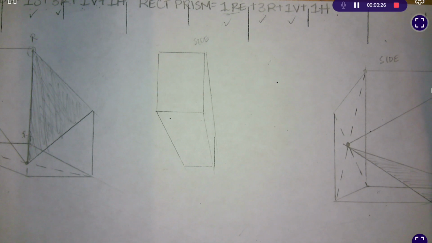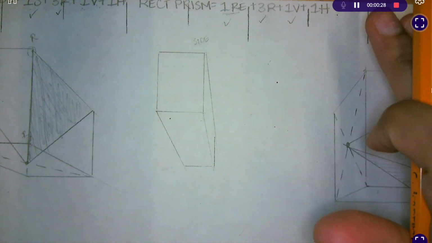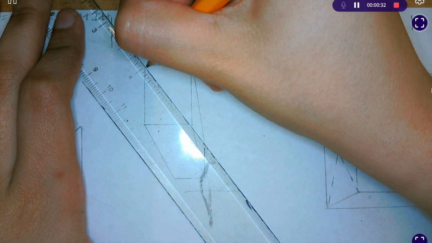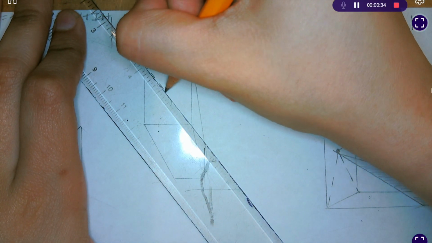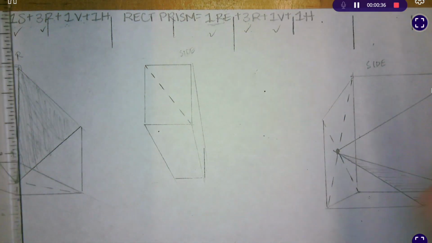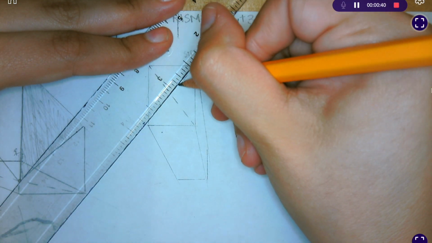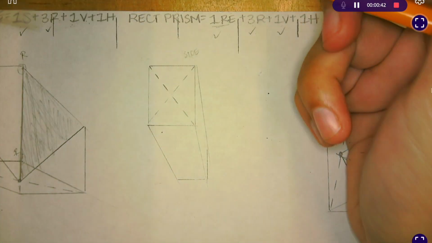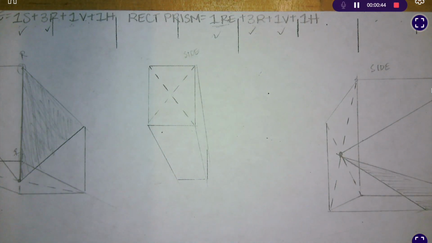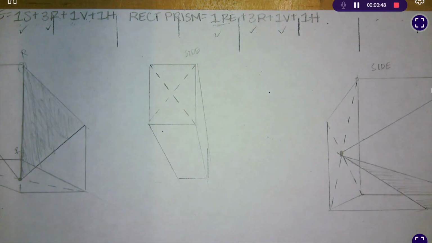Okay. Similar to when we're making pyramids, we're going to start with an X by going corner to corner. So just like this. And then right here. The thing about cylinders is they have circles. We haven't learned how to make circles. And so this is actually going to help us find our circles.